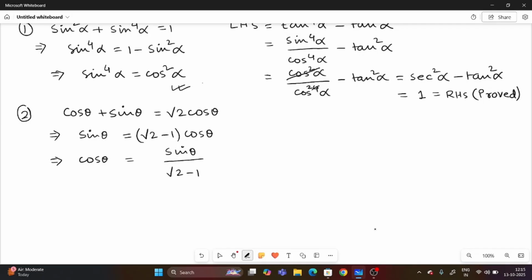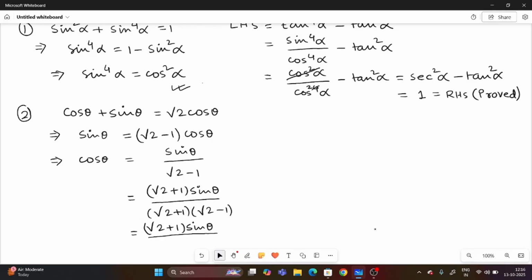Since we get a root in the denominator, we have to do rationalization. So multiply numerator and denominator by root 2 plus 1. We are getting root 2 plus 1 multiplied by sin theta divided by root 2 plus 1 into root 2 minus 1.